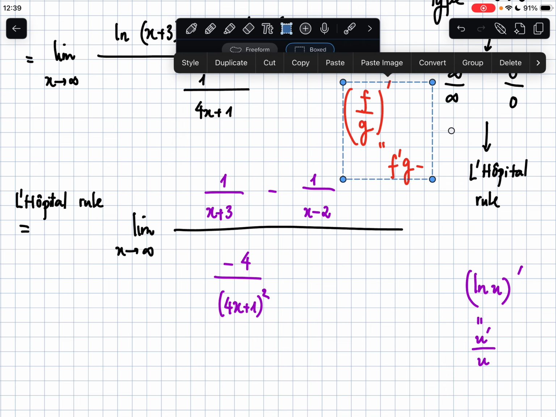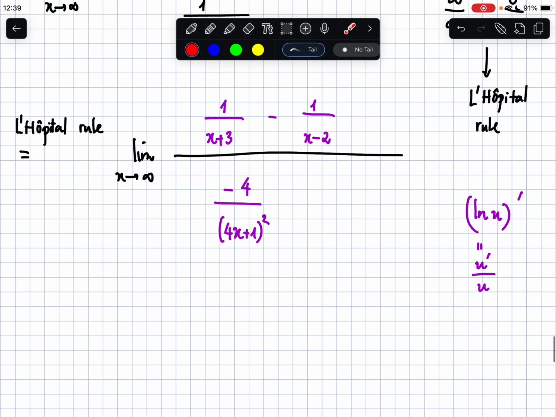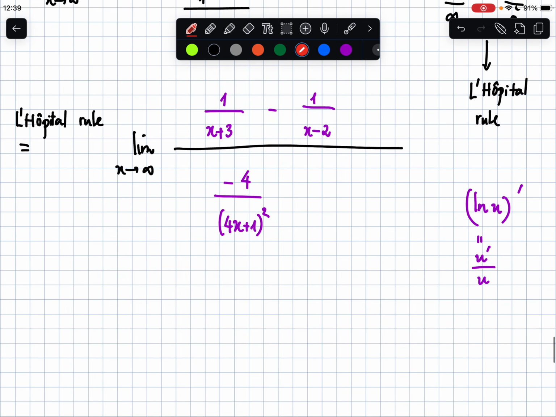And that's the first method. Second method, you can write it as this one to the power minus 1, and then take the derivative of something to the power minus 1. Either way you should get this.